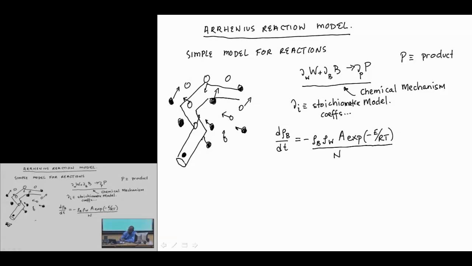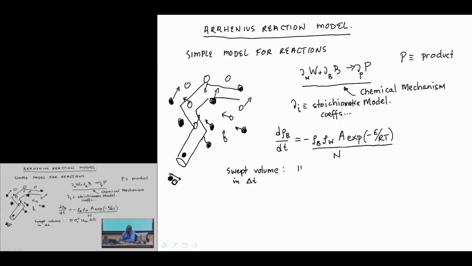So the swept volume in some delta T looks like this cross-sectional area, where this is the characteristic diameter or radius of this molecular collision, times the characteristic velocity, and this is a characteristic molecular velocity times this delta T.